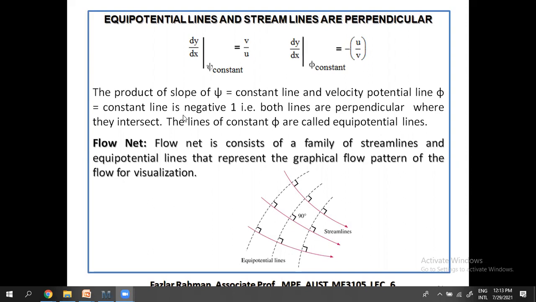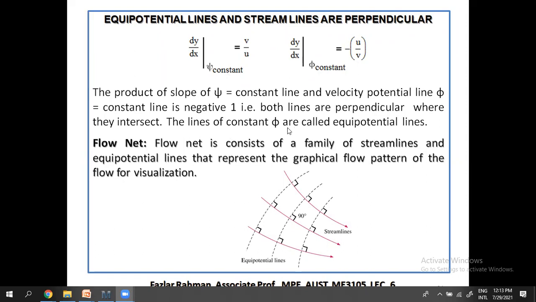So the product of the slope of the psi constant line and the velocity potential line phi equal to constant is negative 1. So both lines are perpendicular where they intersect.